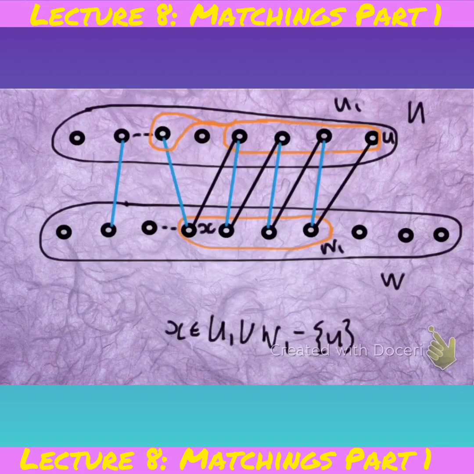Now going back to my sketch there, U1 again is all the vertices in S where there exists an M alternating path between U and that vertex, and we know what W1 looks like. Now look at the cardinality of W1 with respect to U1. So let's count the number of vertices in W1. Every vertex in W1 is matched via a blue edge to a vertex in U1.